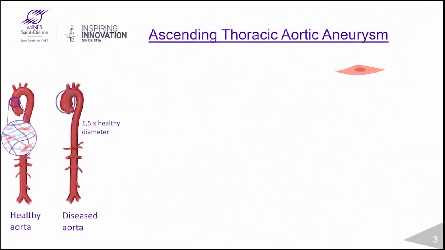So, aneurysm is one of the deadliest cardiovascular diseases. It consists of an enlargement of the aortic diameter of 1.5 times compared to a healthy diameter. And so far, this is how surgeons identify an aneurysm.